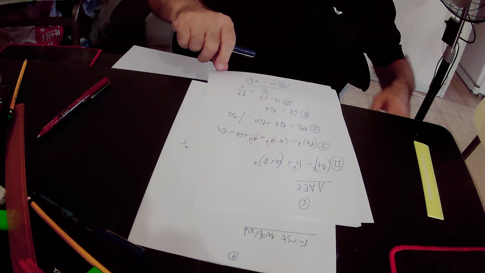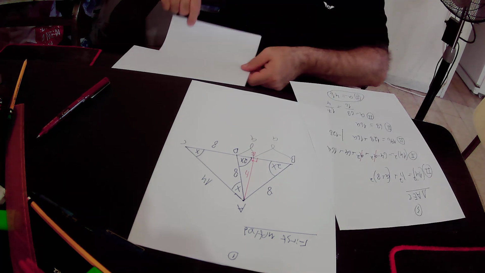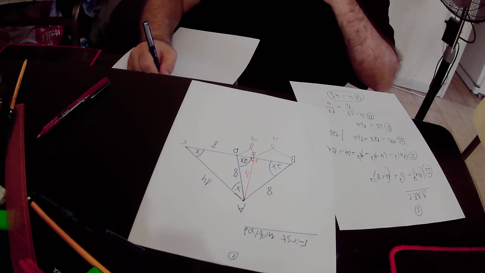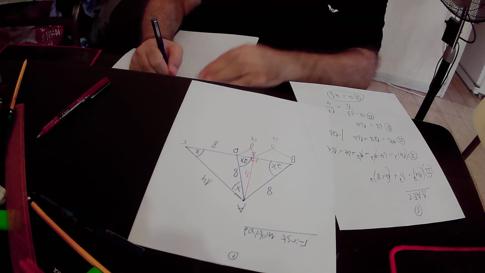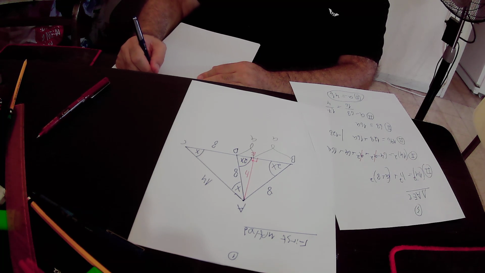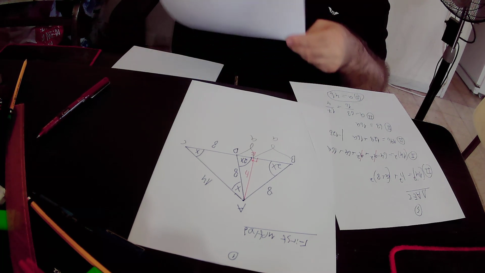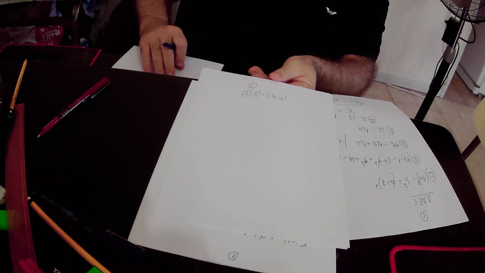So according to equation number 1, h squared equals 64 minus a squared. That is equation number 1.